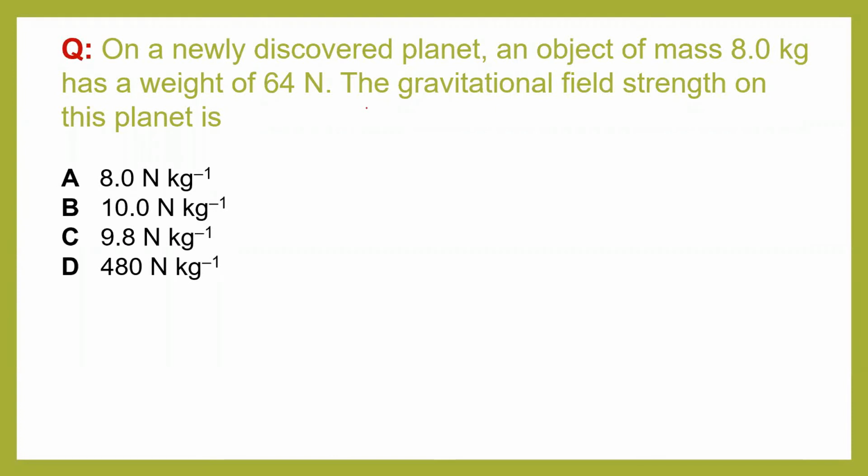The gravitational field strength on the planet is... we are going to calculate the value of G on that planet. We know the formula of the weight in this case, W equals mg, but we are going to get the value of gravitational field strength, that is G, equals W over m.